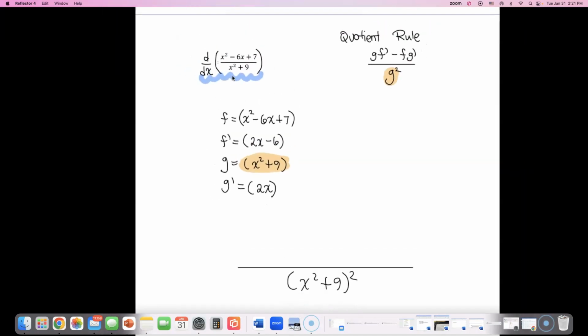Now I need to go to the top of the fraction and start with g again, that orange highlighted g. And what are we multiplying this by? I'm multiplying that by f prime. And f prime, where are you? It's that red expression, okay? So that is parenthesis 2x minus 6. Quotient rule says subtract after that. So I'll subtract.